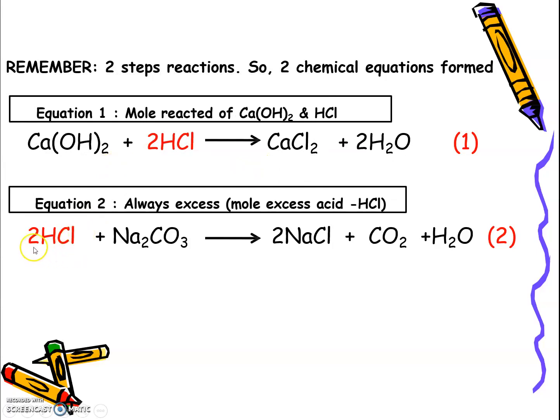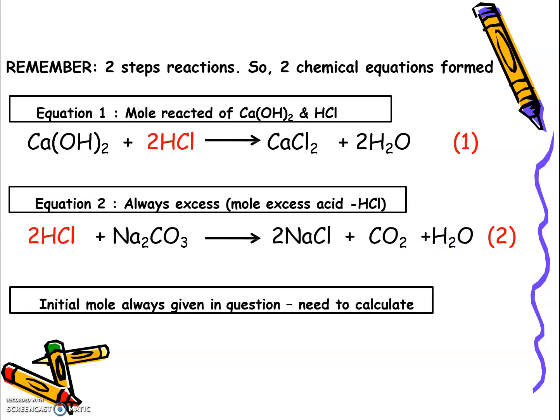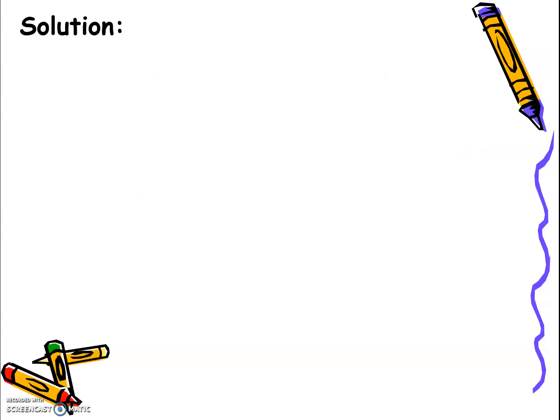So the balanced equation is 2 mole hydrochloric acid reacts with 1 mole sodium carbonate to form 2 mole sodium chloride plus carbon dioxide plus water. Two reactions involved, so there are two chemical balanced equations. So next we go for the solution part.